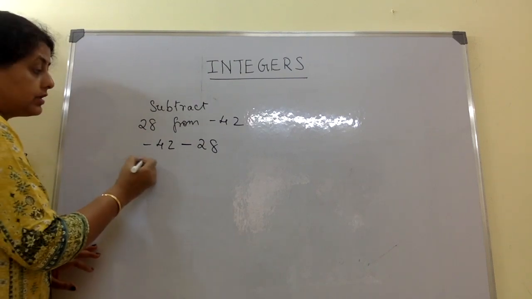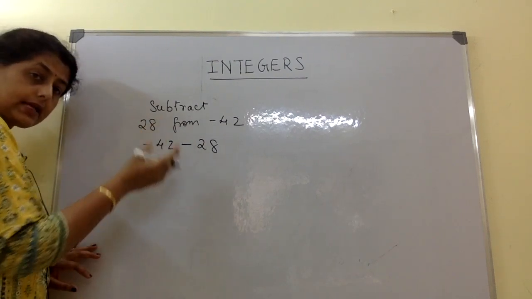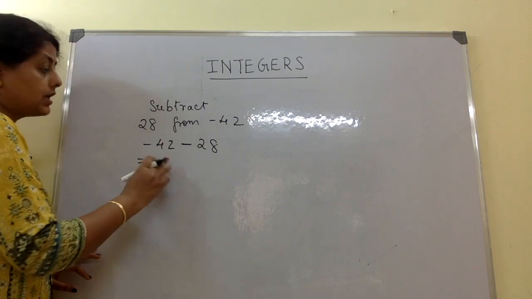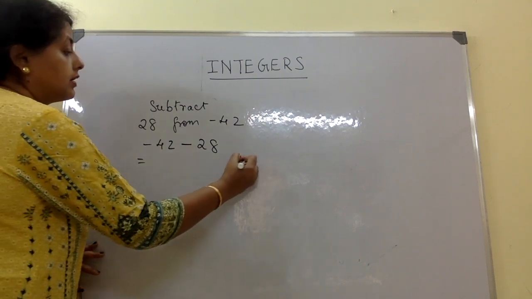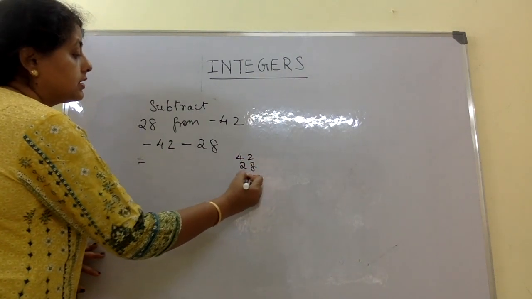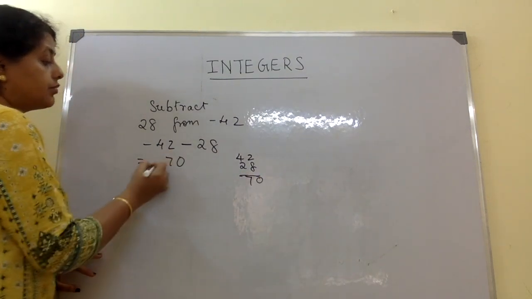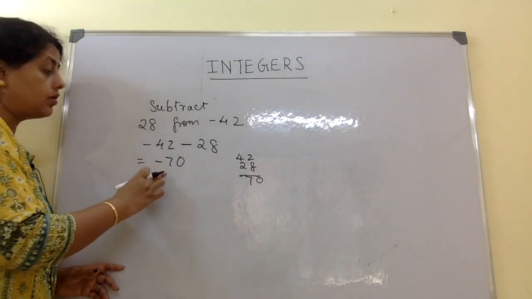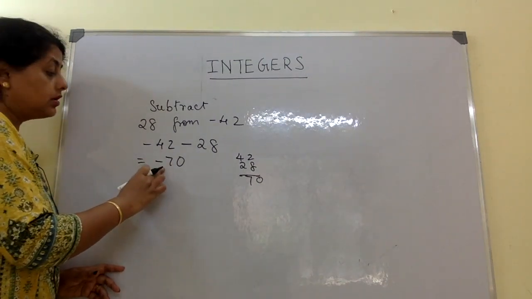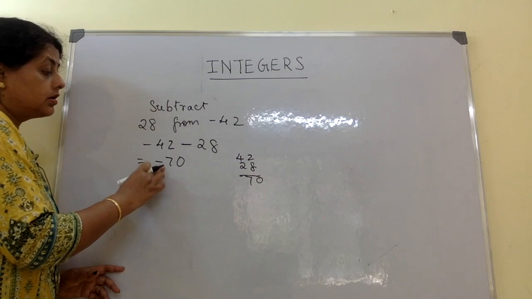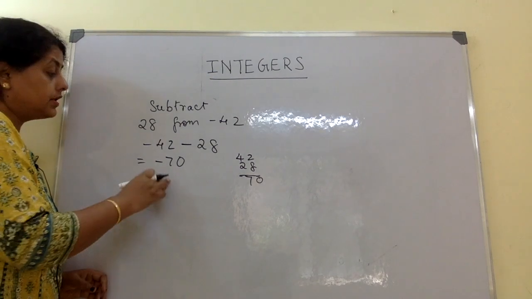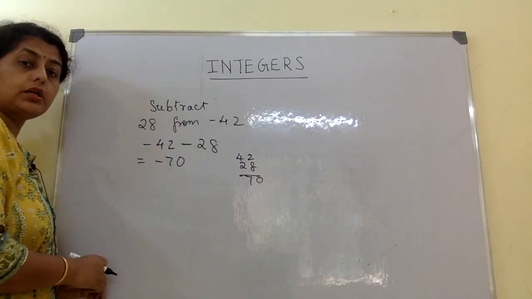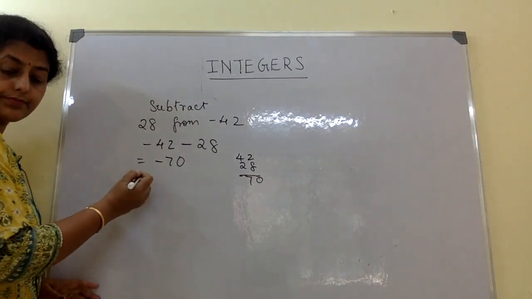Now what happens? Look at the sum now. It has taken the shape of exactly what I was teaching you all this time. Same sign. Add 42, 28. This is 70. 70 and put the common sign of both the numbers. Okay.